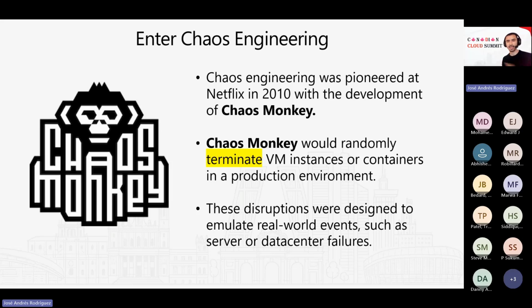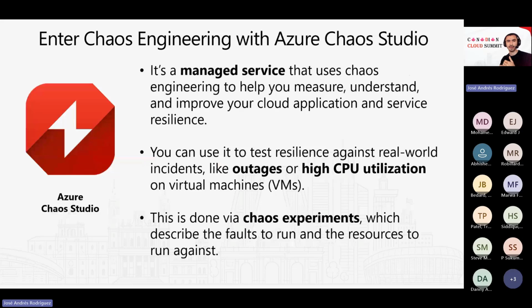And just by killing those VMs, they would simulate catastrophic failures to see how their production environment would be resilient. And these disruptions, these failures that the tool injected into the system, would simulate real-world events, right? So it turns out that Azure has an offering very similar to that, and it's called Azure Chaos Studio.